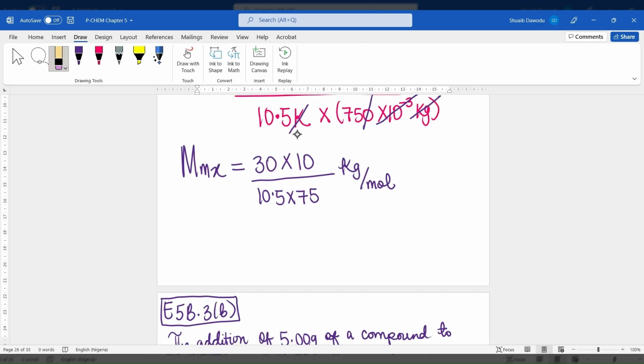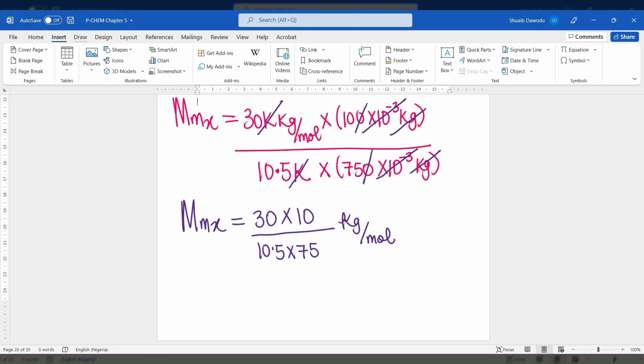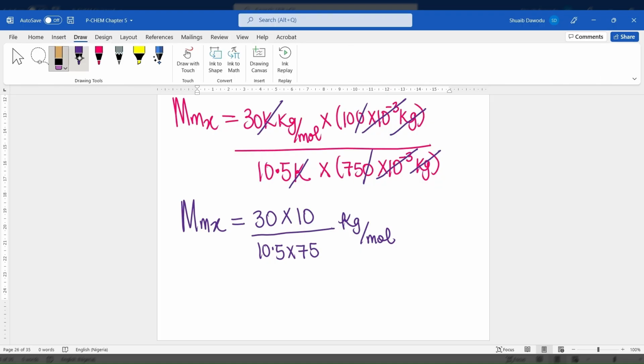When you input this information in the calculator, you end up getting M_X is simply 0.380952 kilogram per mole.